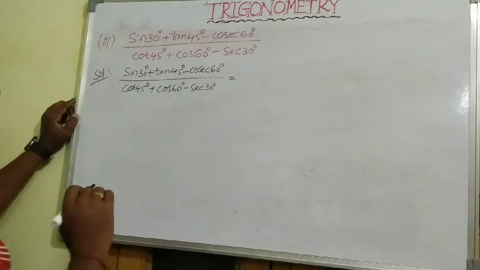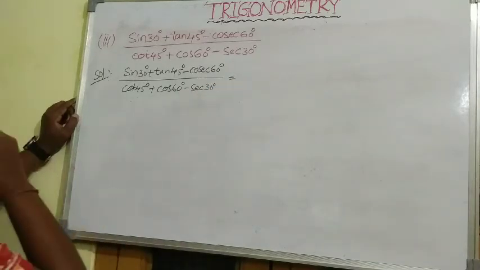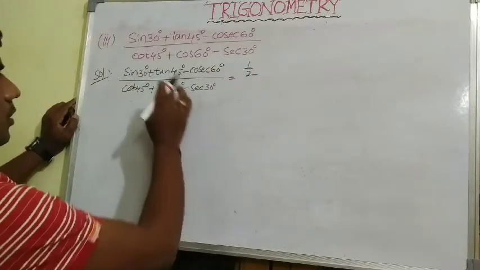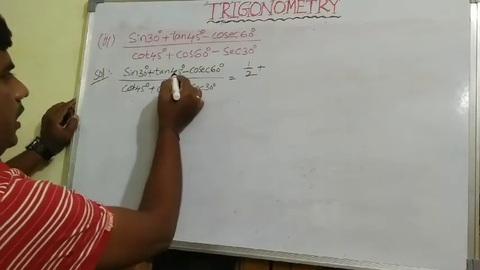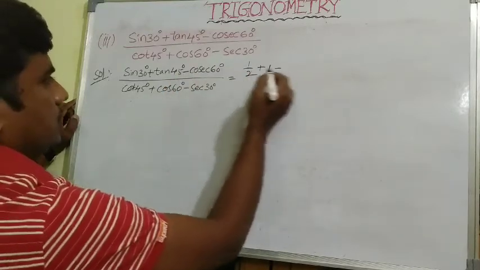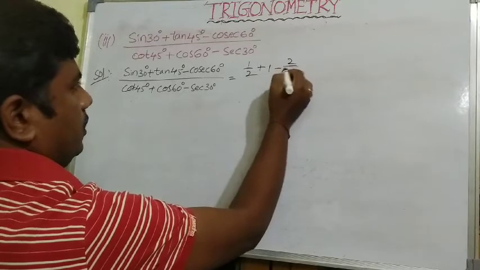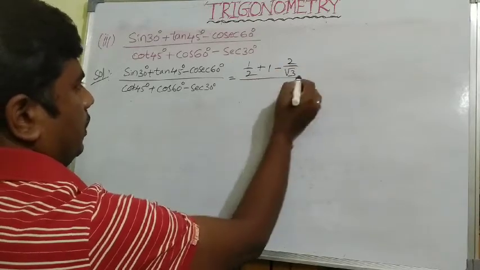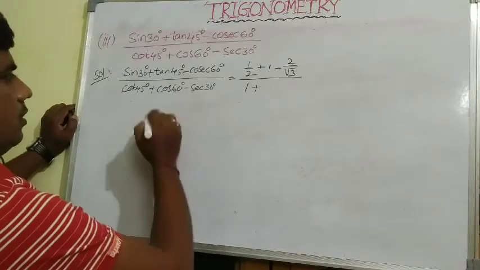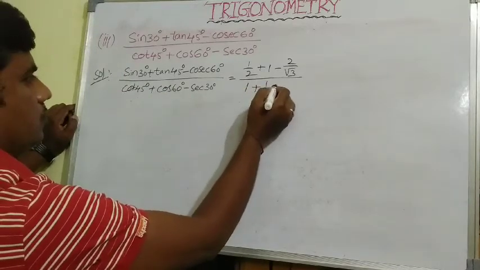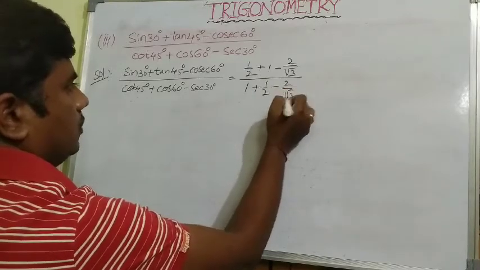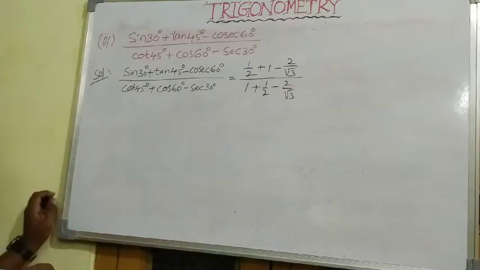So these values first we have to substitute. Sin 30 value is 1 by 2, plus tan 45 value 1, minus cosec 60 value 2 by root 3, by cot 45 value 1, plus cos 60 value 1 by 2, minus sec 30 value 2 by root 3.